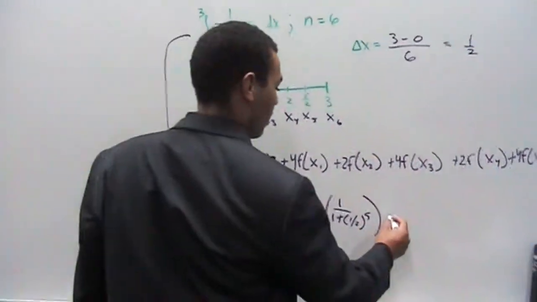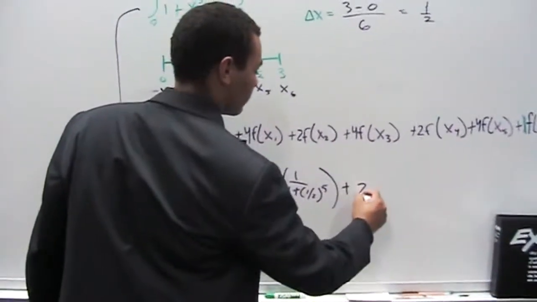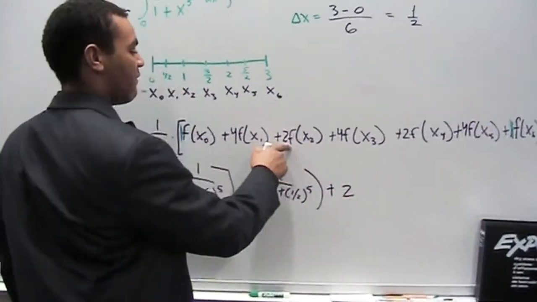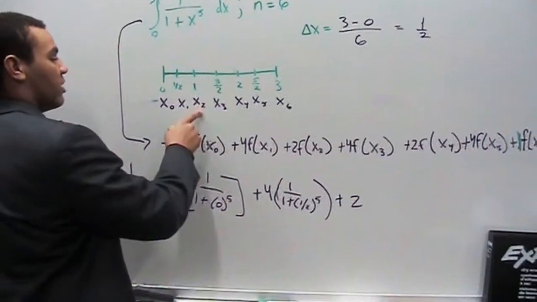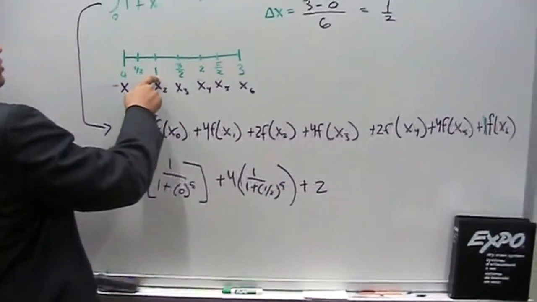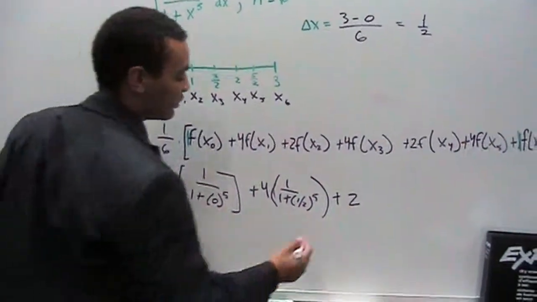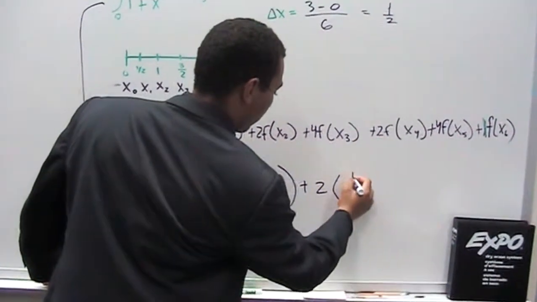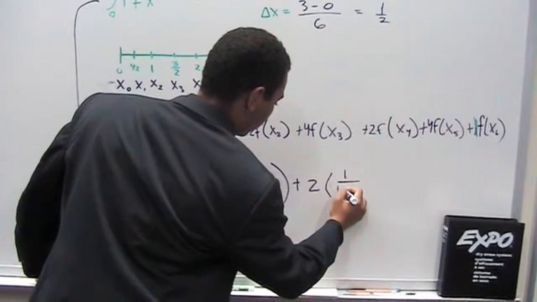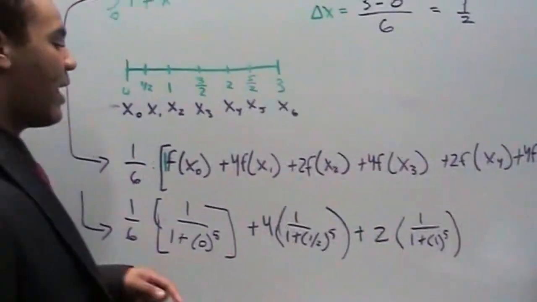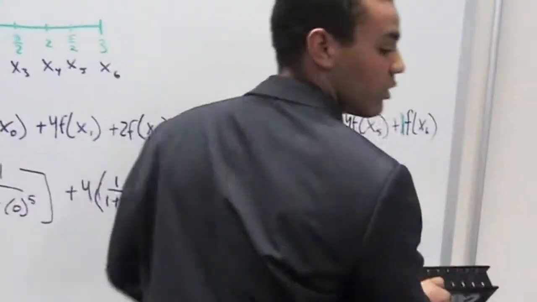And then we continue on, plus 2, because remember we're alternating 4 and 2, of f of x subset 2. We look at subset 2 and see that the value for subset 2 is 1. And then we go ahead and plug 1 into the original equation here. 1 over 1 plus 1 to the 5th. And then we go back to 4 because we're using the alternating coefficient pattern.